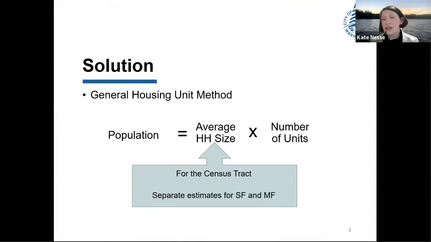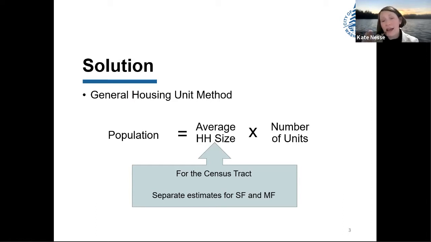So there is a solution that is quite old. It's called the housing unit method, and you take the number of units in the area that you are interested in, you multiply it times the average household size for that area, and you end up with the population. So for the housing unit method, you can say the average household size for the census tract, so you can break it down a little bit more.